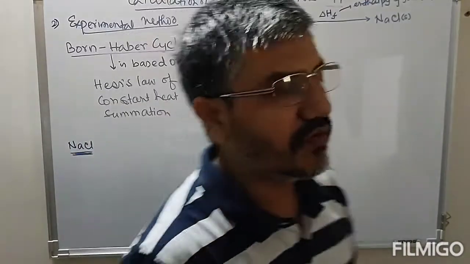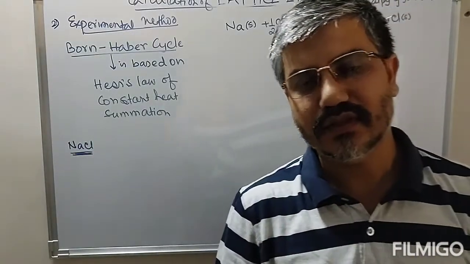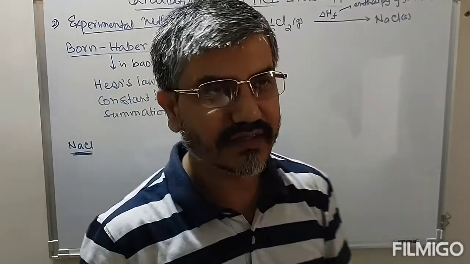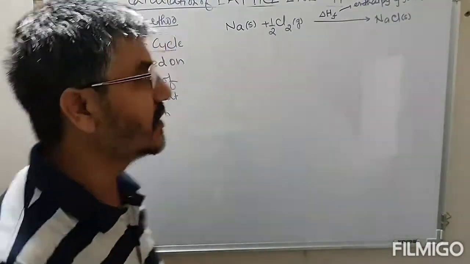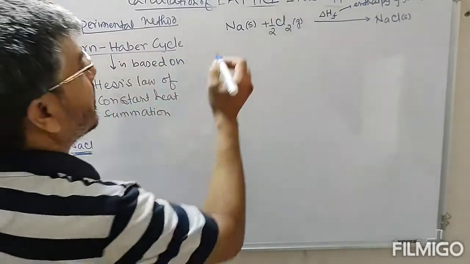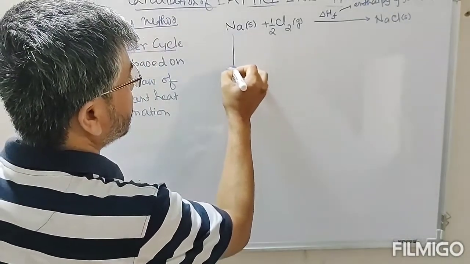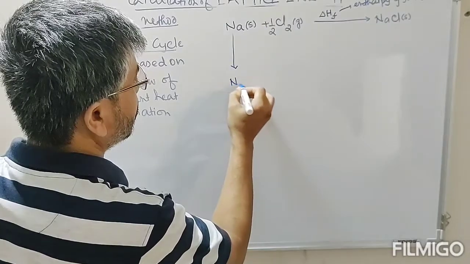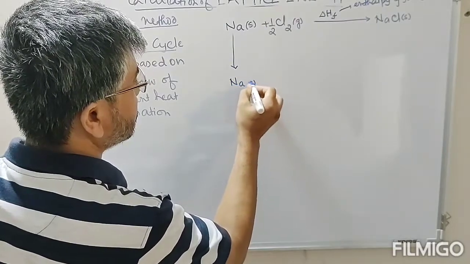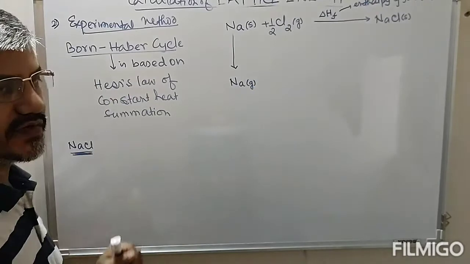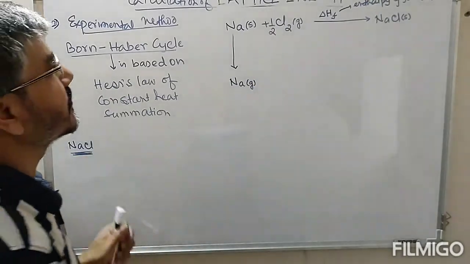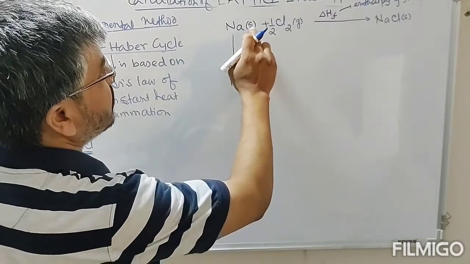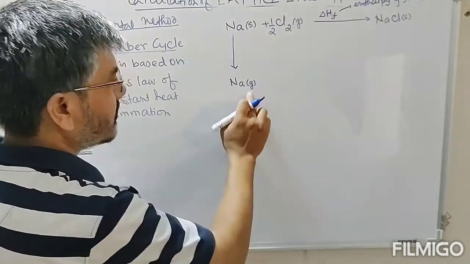Now during the formation of an ionic compound, there must be formation of ions, that is, cations and anions should be formed. So look at this. We convert this sodium solid into sodium gas, because to define ionization energy we need to have a neutral isolated gaseous atom. So this is conversion of sodium solid to sodium gas.